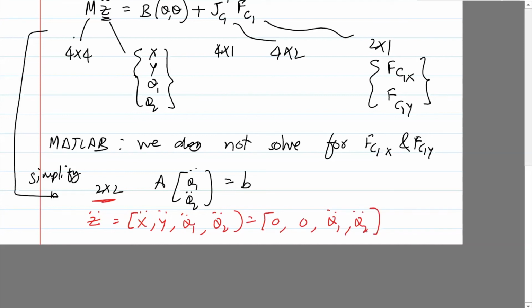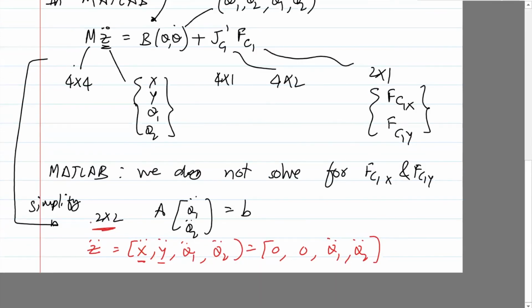Those two terms are 0 because the acceleration of the point in contact with the ground doesn't move, so we can eliminate two equations. We end up with a 2 by 2 matrix A and a 2 by 1 matrix B. We eventually end up with just two equations, not four. That makes our life considerably easier. This is what we'll get in MATLAB.